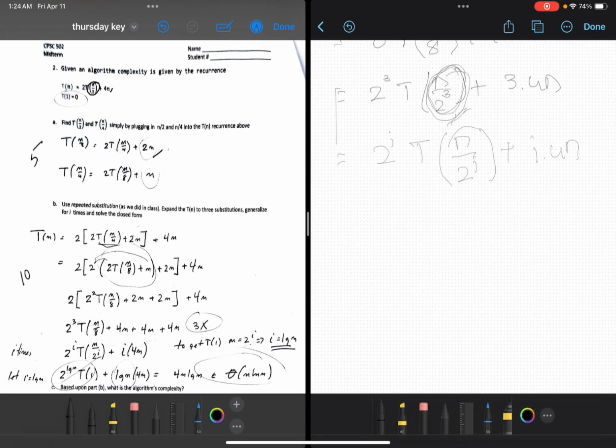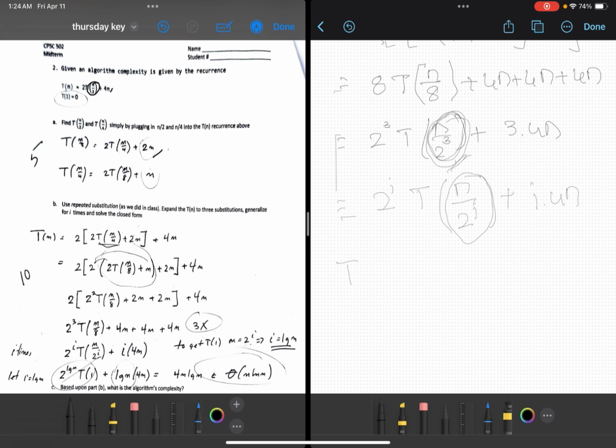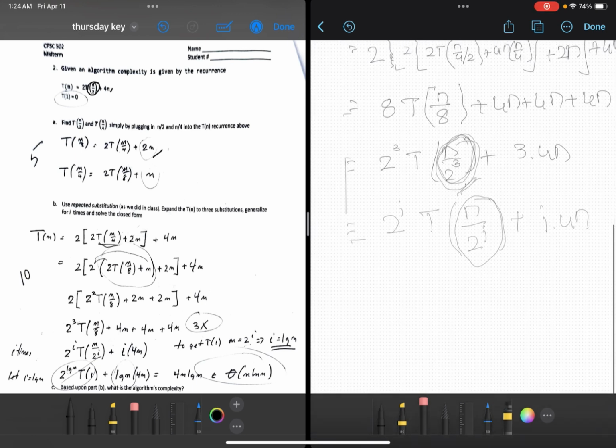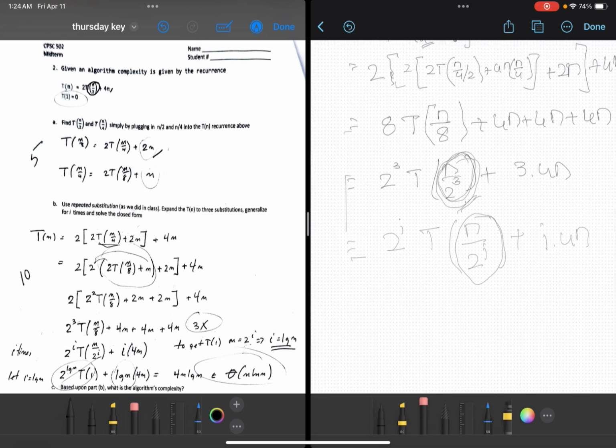If I want n by 2 power i to come to 1, because T of 1 is equal to 0, I could write n is equal to 2 power i.